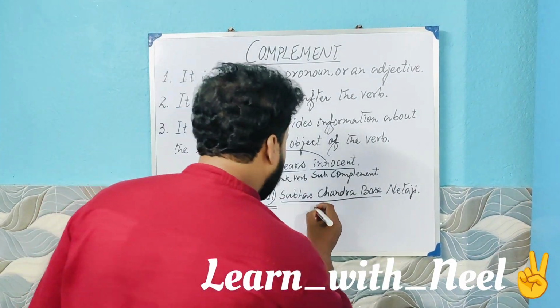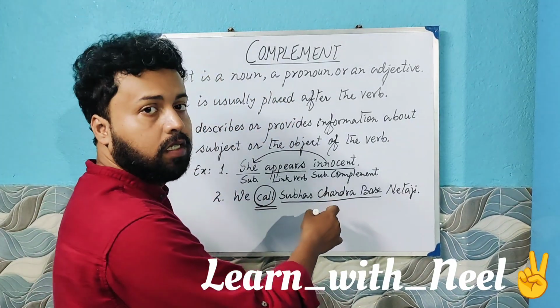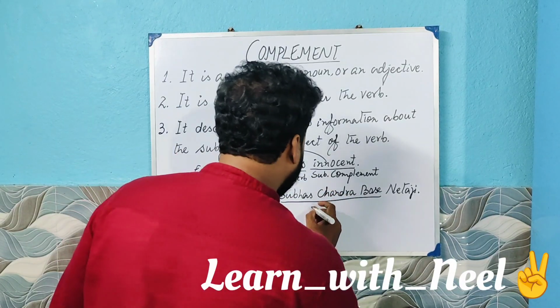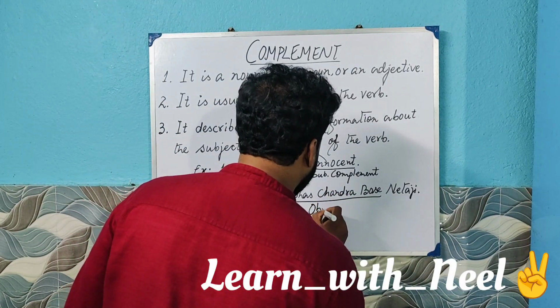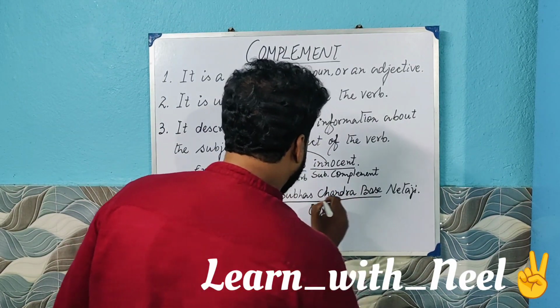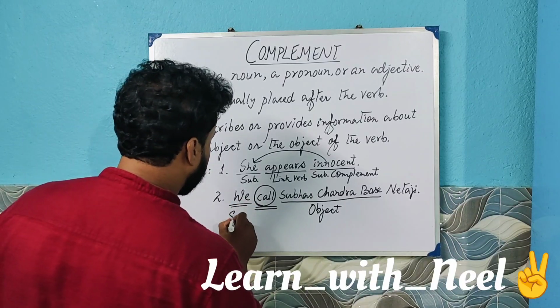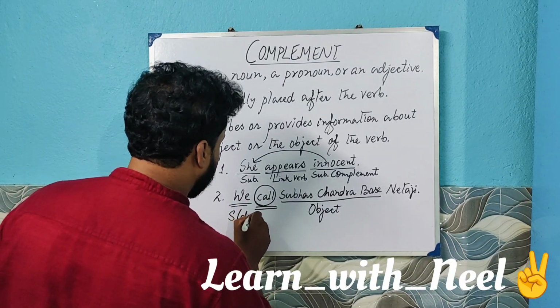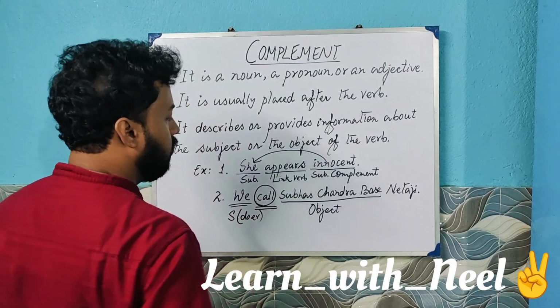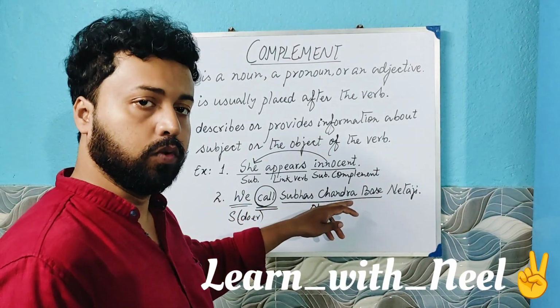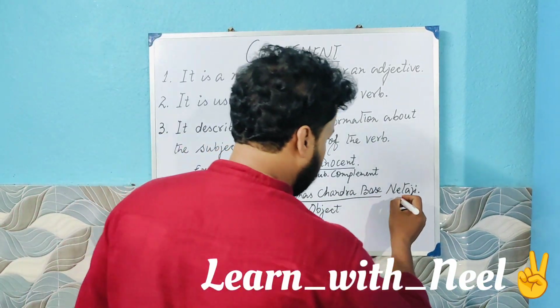Subhash Chandra Bose. So Subhash Chandra Bose is the object in this sentence. The doer is we, subject and doer. We call Subhash Chandra Bose Netaji.